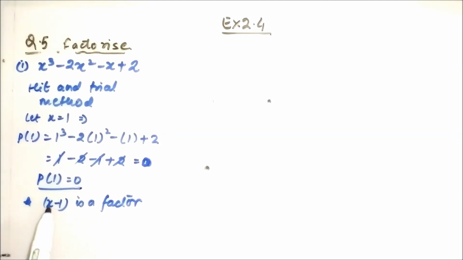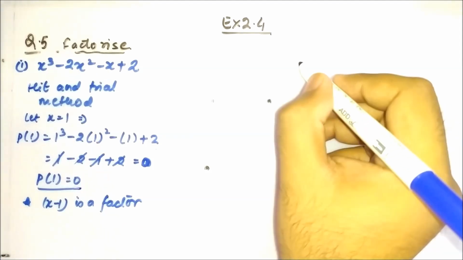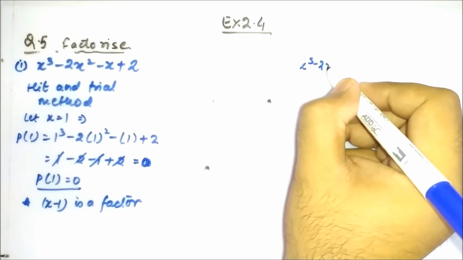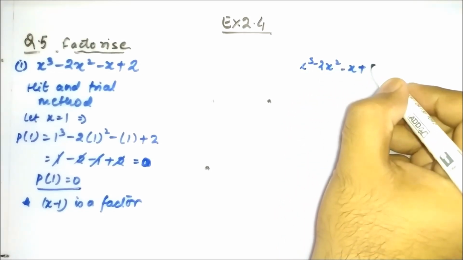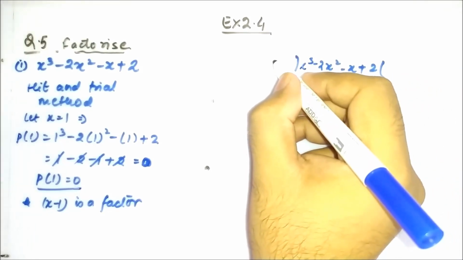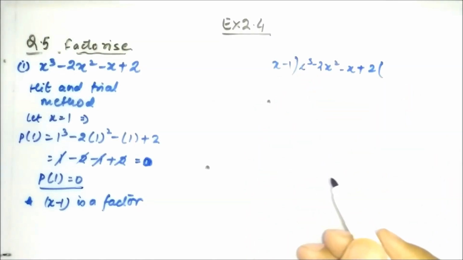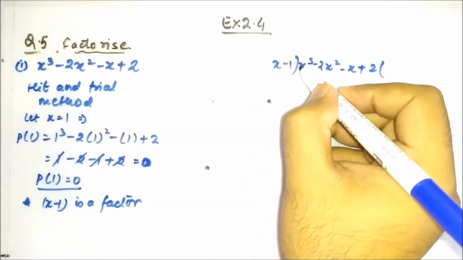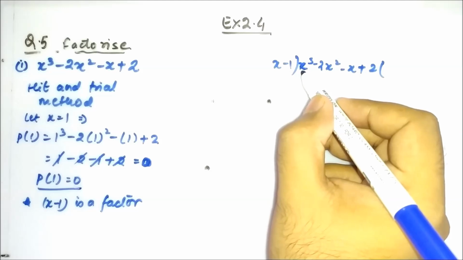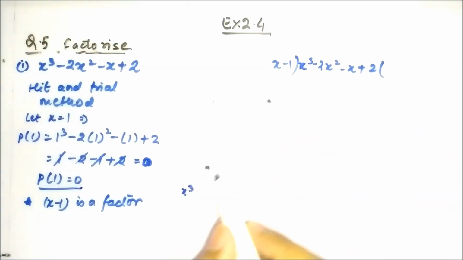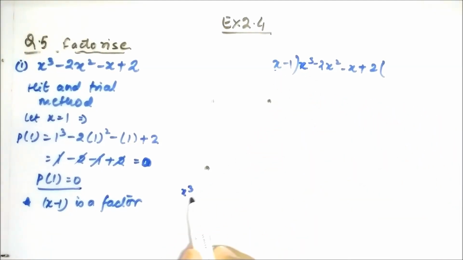Okay, so now we are going to divide this polynomial by this x minus 1. So that is x cube minus 2x square minus x plus 2, and we are going to divide this by x minus 1. Okay, so what is the division procedure we used to follow? So first term is x cube here. Okay, so x cube will be divided by first term of this, that is x.